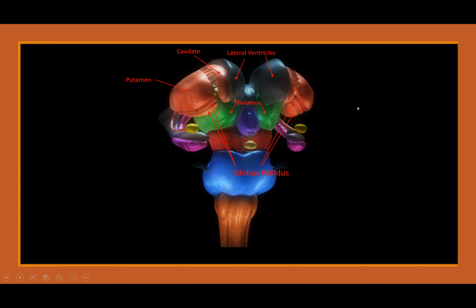Now, I mentioned 2 other pieces in the beginning of the lecture, the subthalamic nucleus and the substantia nigra. Let's rotate a little bit more, get a front-on view. Again, this is the thalamus in green, and the subthalamic nucleus is going to be just below the thalamus. It's not in this 3D picture, but if I were to draw them in here and here, just below the thalamus would be the subthalamic nucleus.